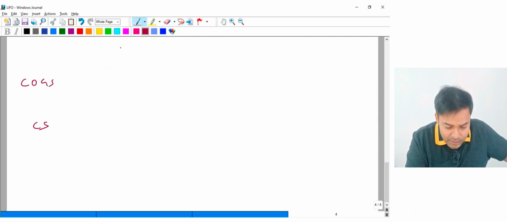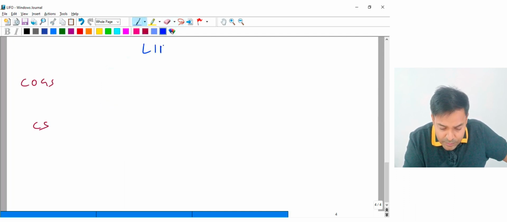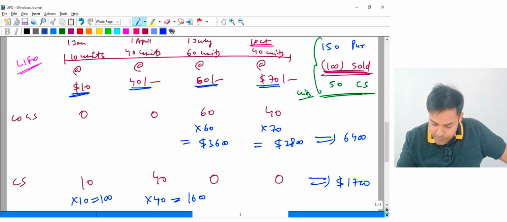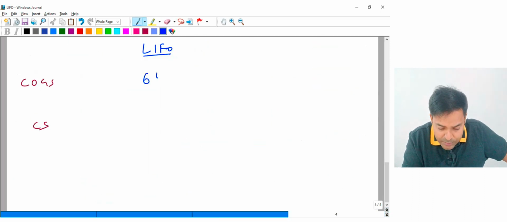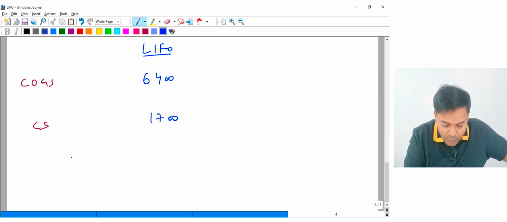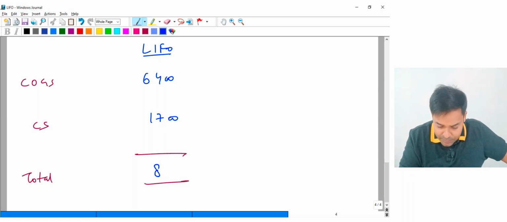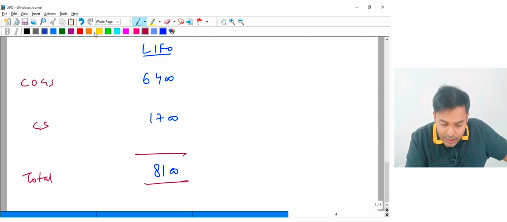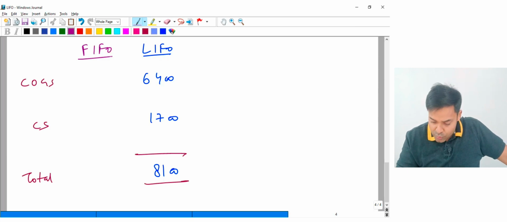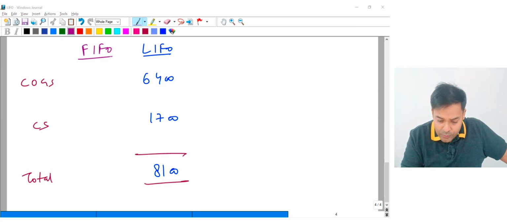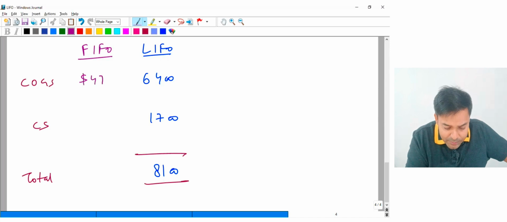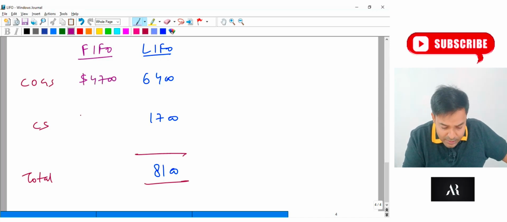So under LIFO, COGS is coming 6,400 and closing stock 1,700. What is the total? Total is going to be 8,100. I'm plugging in the values of FIFO from our last video. FIFO was 4,700 and it is 3,400.